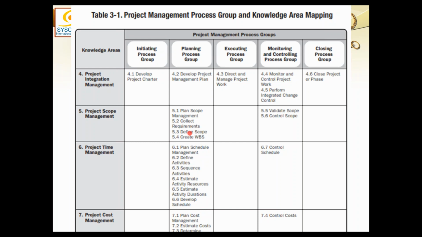So I was saying there could be as many baselines as there are knowledge areas, but all knowledge areas may not have a baseline. Why? Because all other knowledge areas, with the exception of scope, time and cost, whatever happens to them, they impact either scope or time or cost.